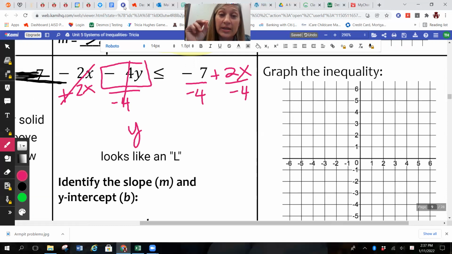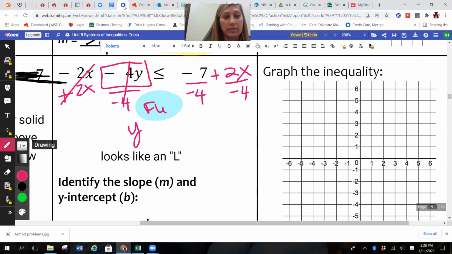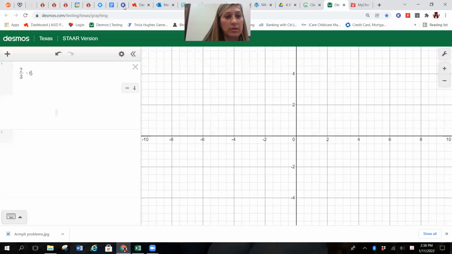But instead of writing a less than or equal to, because I divided by that negative number, I'm going to remember to flip to a greater than or equal to. Now, -7 divided by -4, I would type it in here, is 1.75.